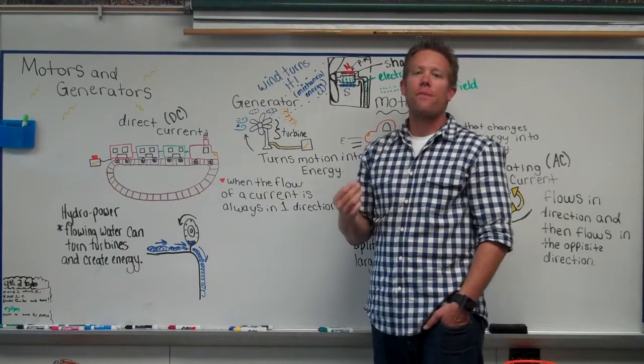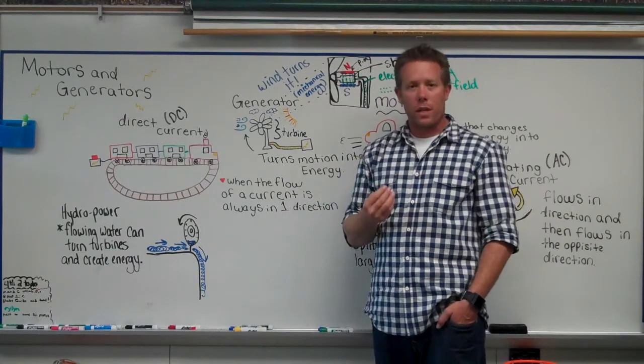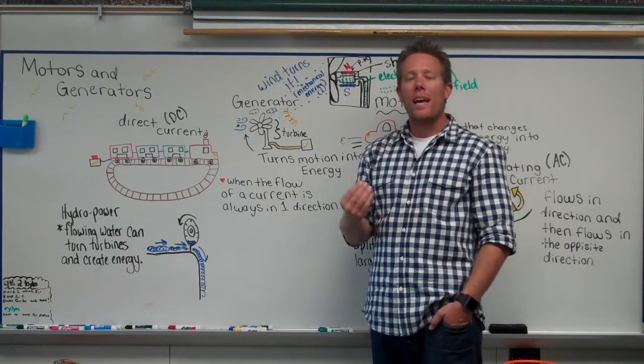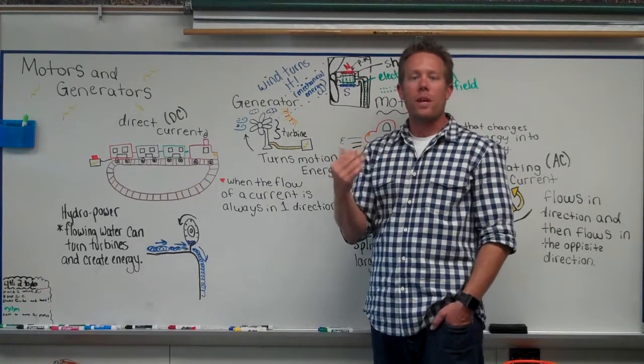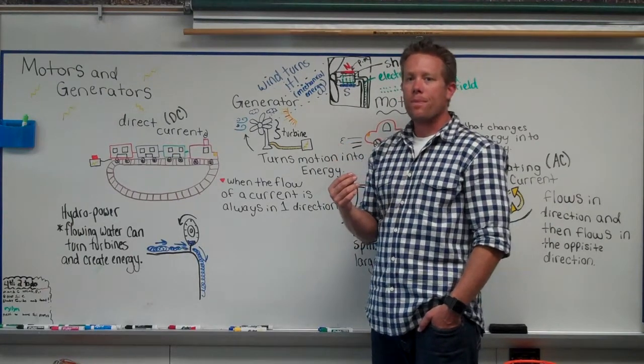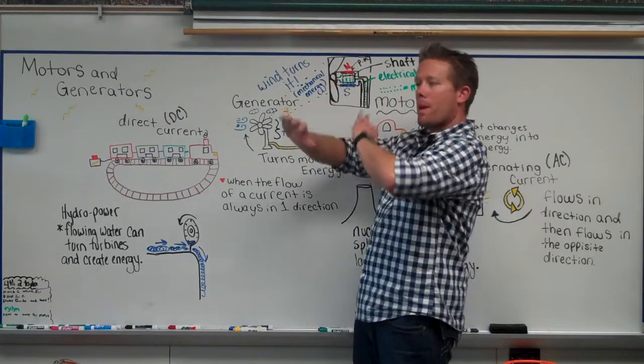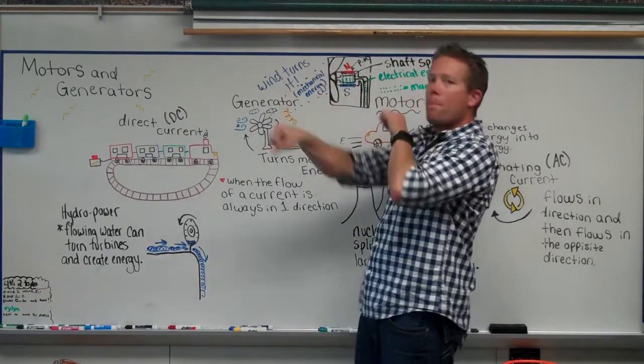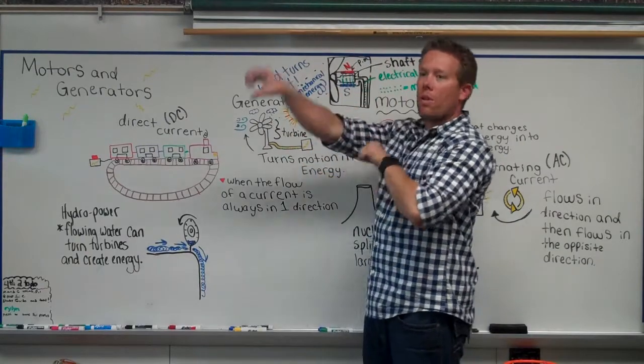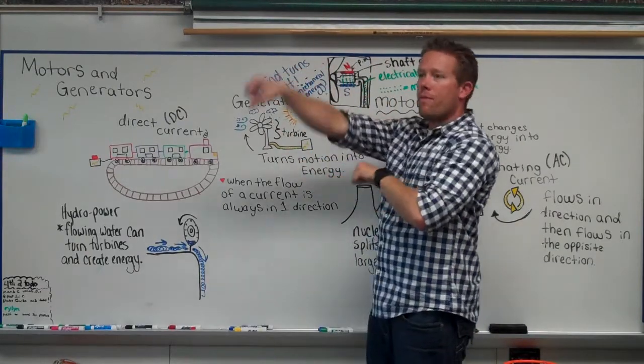And this magnetic field has electrons in it. It has electrical energy in the magnetic field, even though you can't see it. This turbine is turning the loop inside of the permanent magnet, and it is grabbing the electricity, or the electrons, out of the magnetic field.